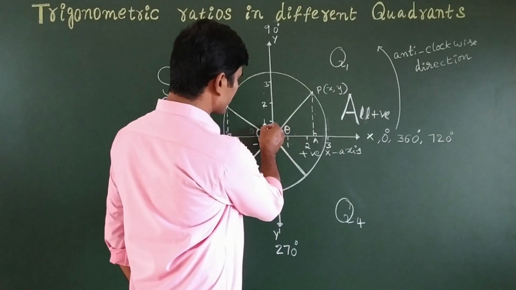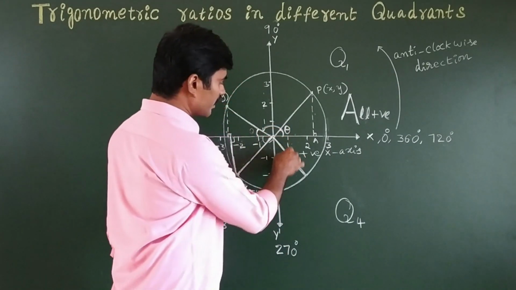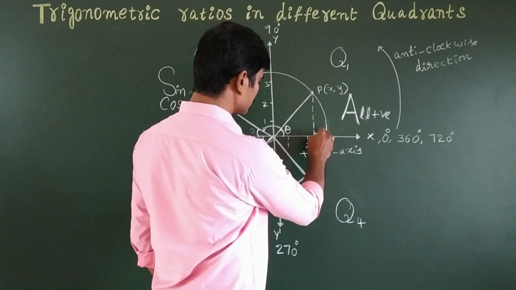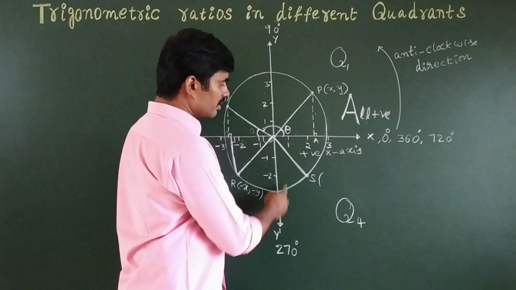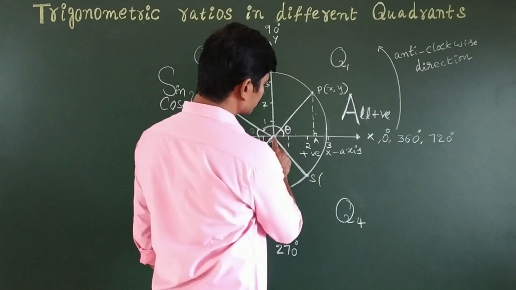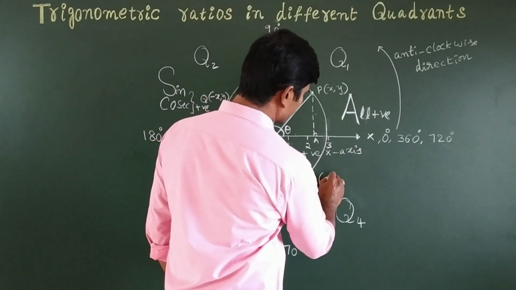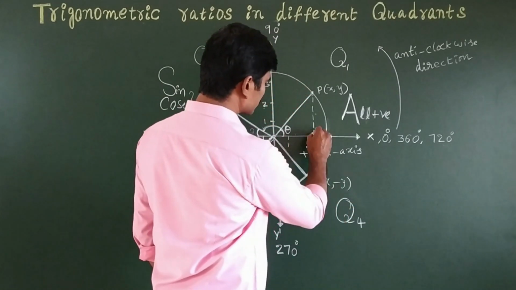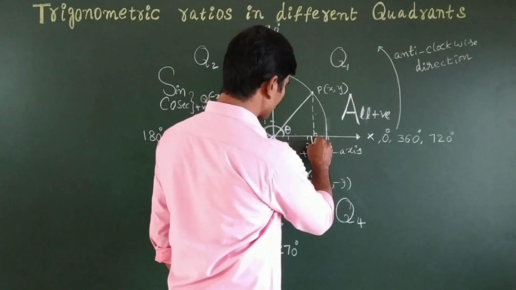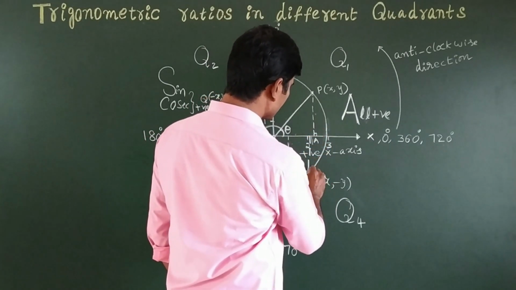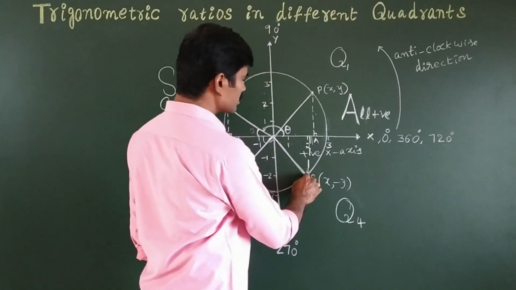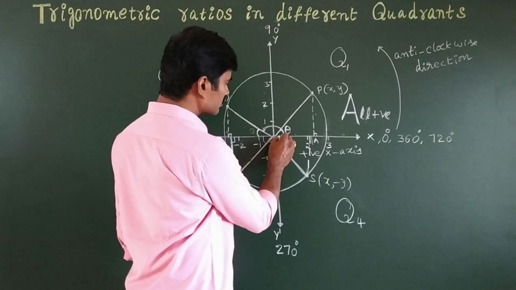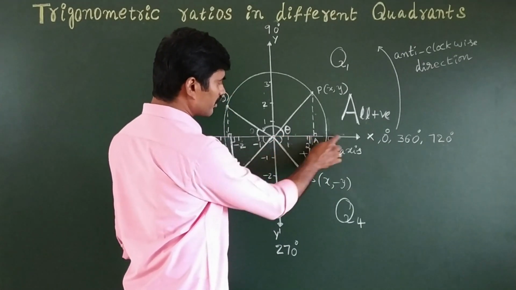Then the terminal ray makes an angle theta with the positive x-axis. Next, draw a perpendicular line from S to the positive x-axis.